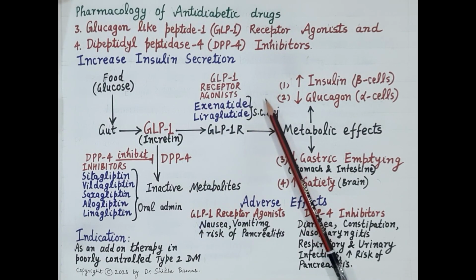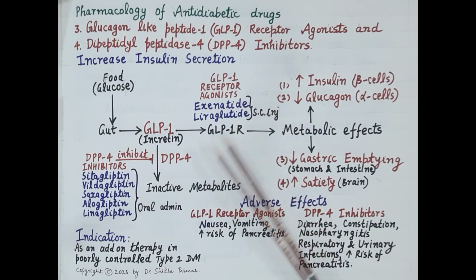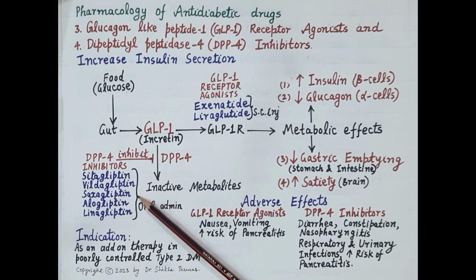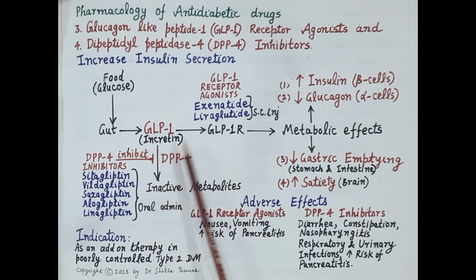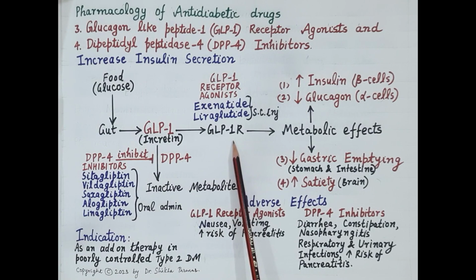So, GLP-1 receptor agonists produce actions as that of naturally produced GLP-1, while DPP-4 inhibitors prevent breakdown of GLP-1 and enhance or increase its efficacy. So, GLP-1 binds to GLP-1 receptors.